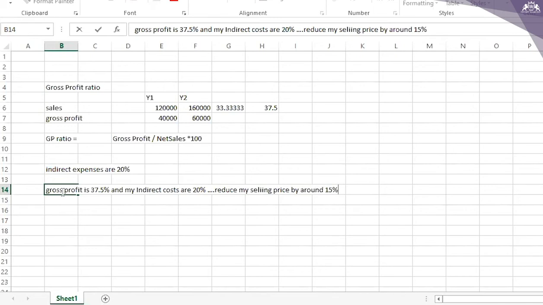Okay. So if my selling price comes down by around 15%, still I will be able to cover my expenses and still I could be in profit.